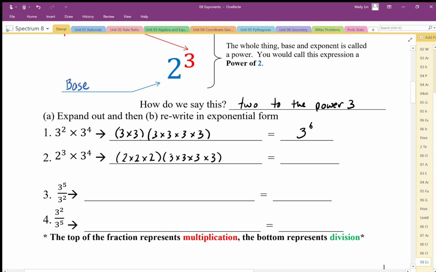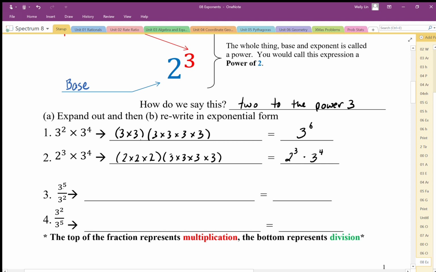So when I put this back in exponent form, I can't somehow combine these because I can't count 2's the same as 3's. So I have to count the 2's separately. It's 2 to the power 3, and I've got to count the 3's separately as 3 to the power 4. Okay, so when we write an exponent, we have to be clear that since we're counting the number of times we multiply by a base, we can only count one base at a time.